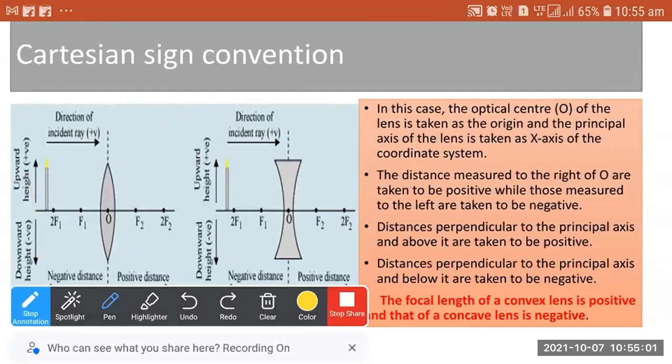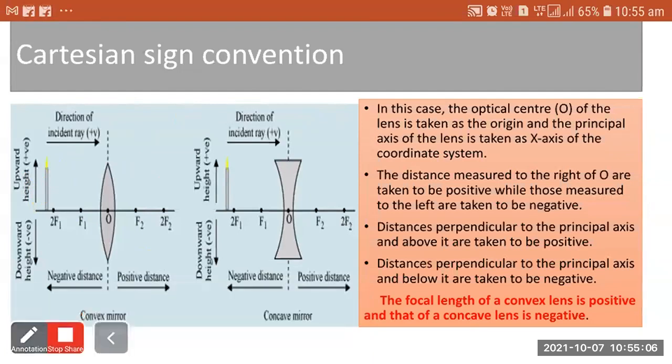Now, distances perpendicular to the principal axis and above it, above the principal axis, are taken to be positive.